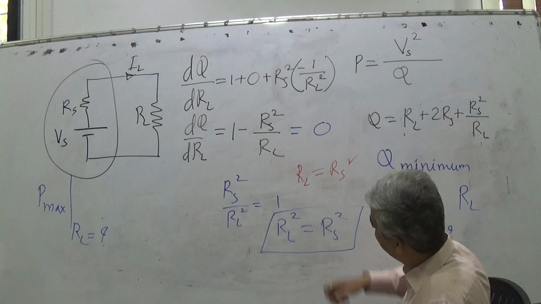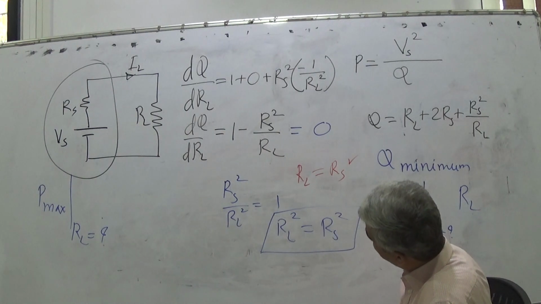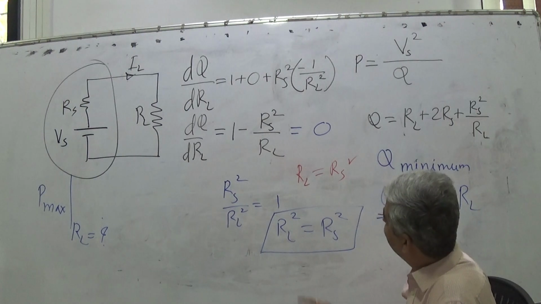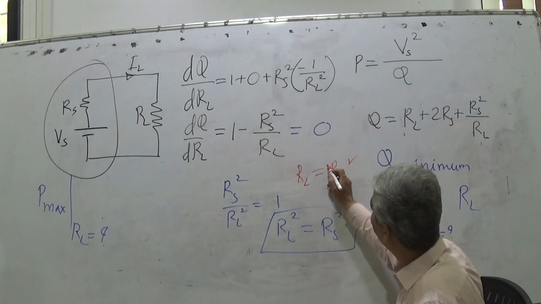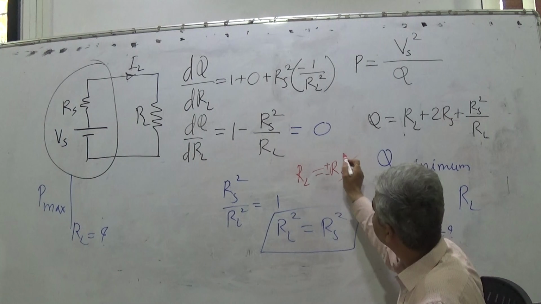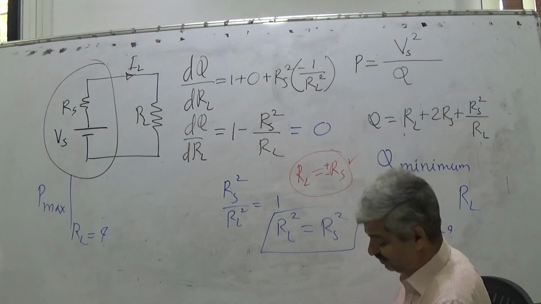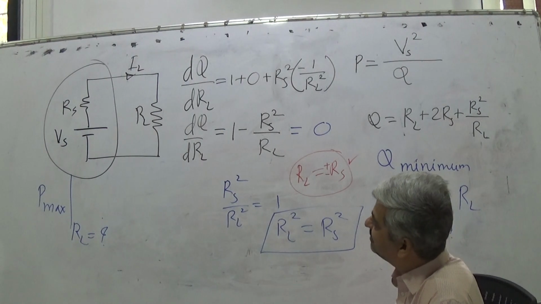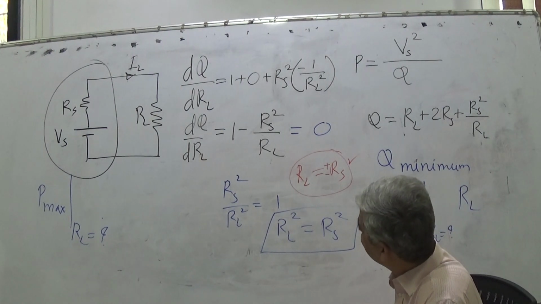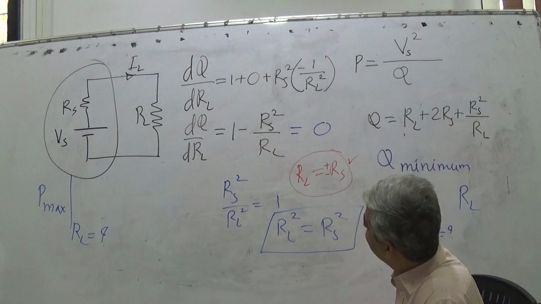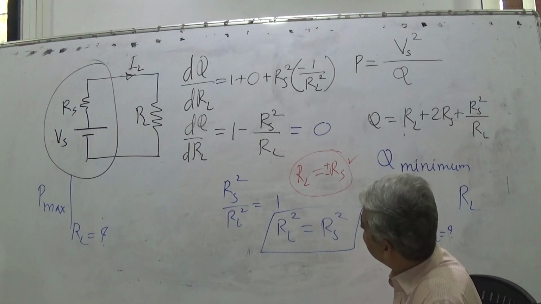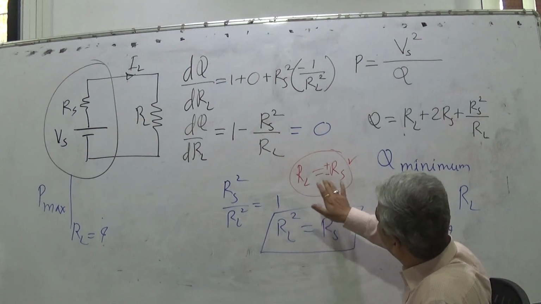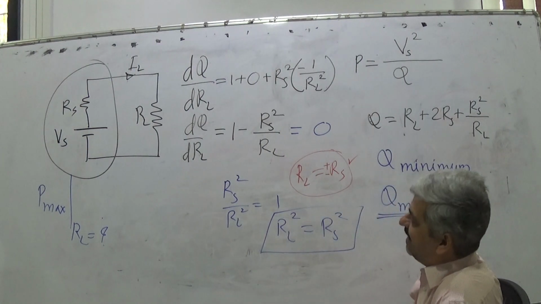Now it can occur also at RL equal to plus or minus RS; that is the actual answer. To be very precise, RL equal to minus RS can't happen.